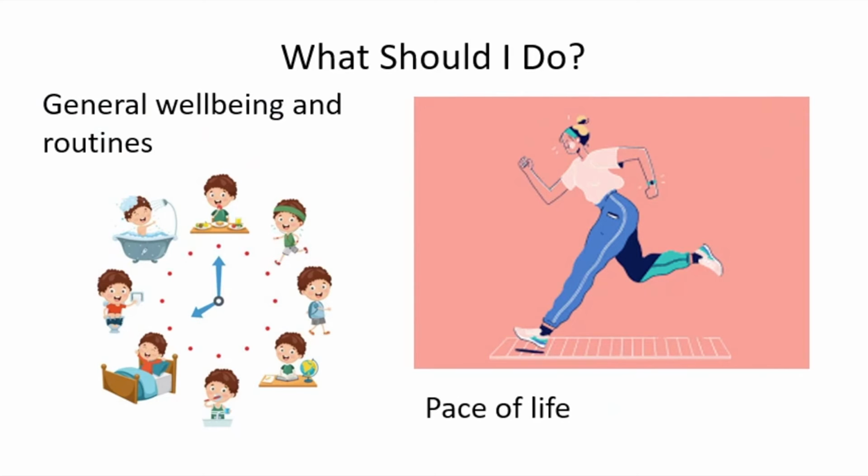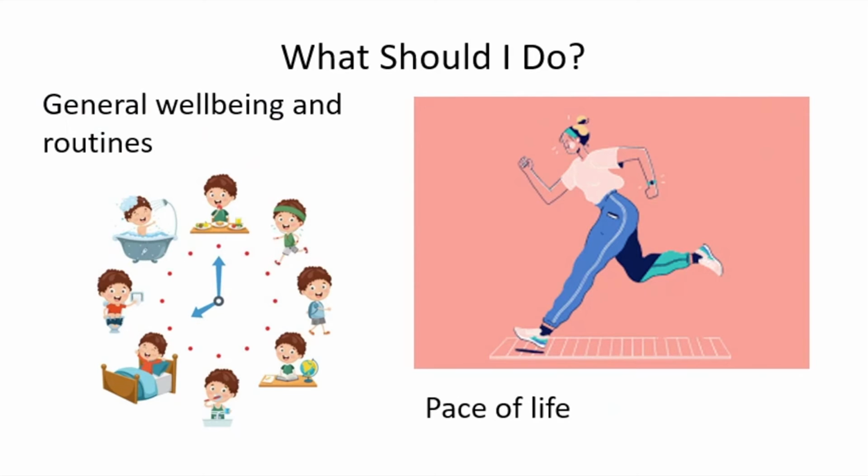If you have a sense that your child needs a bit more sleep, then think about if there's any changes you can make to the routine that might help them get to bed a wee bit earlier. And if you need a bit of support or discussion around implementing those kinds of routines, definitely have a chat to your health visitor, or if your child's a bit older, to your GP, because all of those factors can have a bit of an influence on the child's fluency. So it's important to think about all of those things.